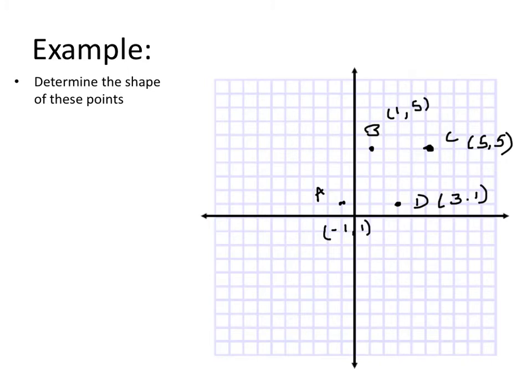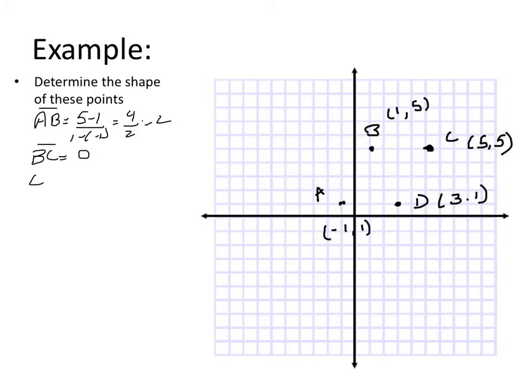So we need to check the shape of these points by determining the slope. The slope between A and B is going to be 5 minus 1 over 1 minus -1. So that is going to be 4 over 2, which is 2. And the slope of the line BC is going to be 0.